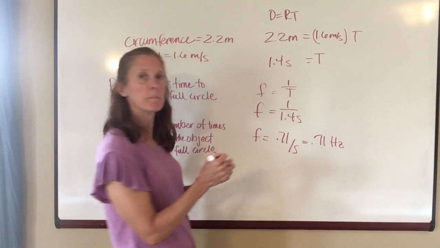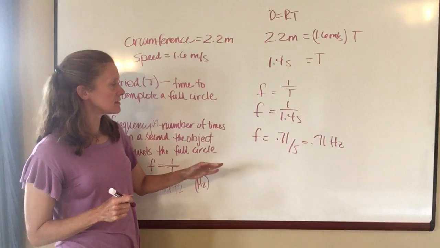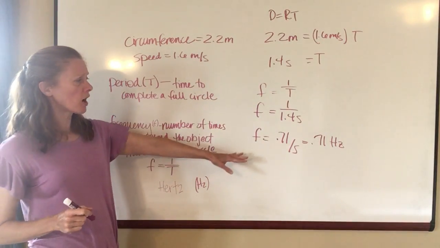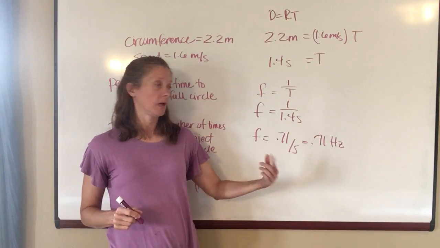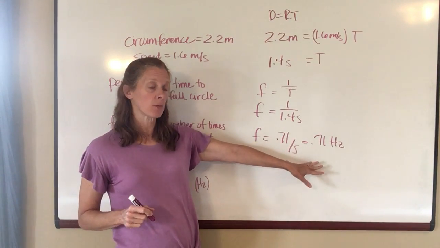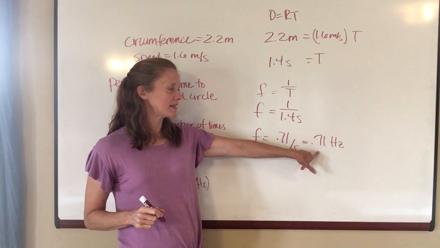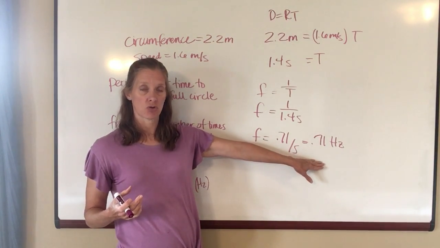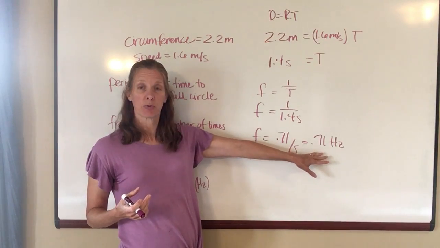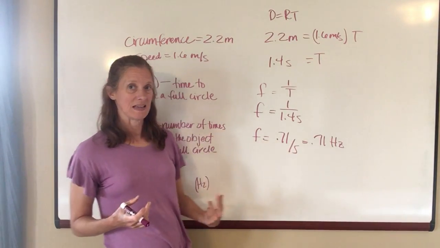Now, what does that mean? What it means is that the dog makes it almost 3/4 of the way around the circle in 1 second. He doesn't get all the way around the circle in a second. He gets 71 hundredths of the way around the circle. So again, about 3/4 of the way around the circle in a second.